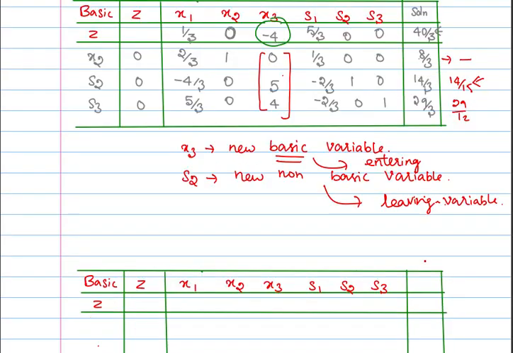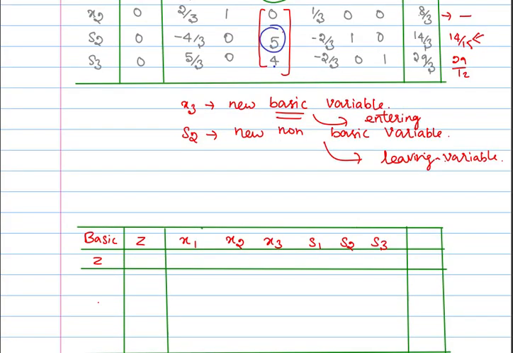So now I require the pivot element. What is the pivot element now? This is my pivot element. I want to make the pivot equal to 1, so you write S2 as 0, then minus 4 divided by 15, because I divide by 5.